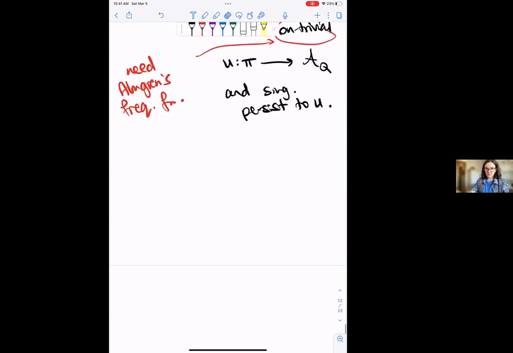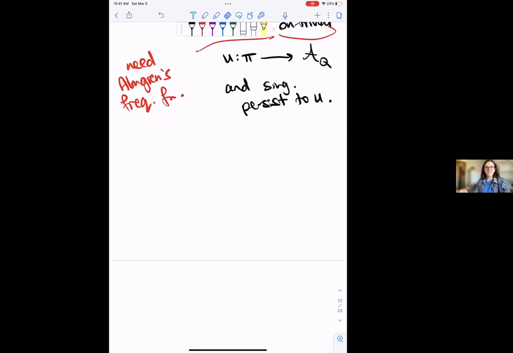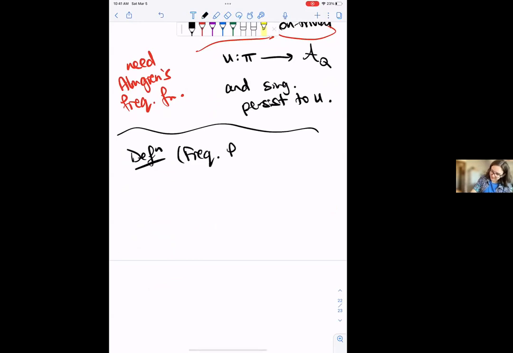Okay, so what is the frequency function? So the definition: let's just do this for minimizers, so for minimizing harmonic maps.